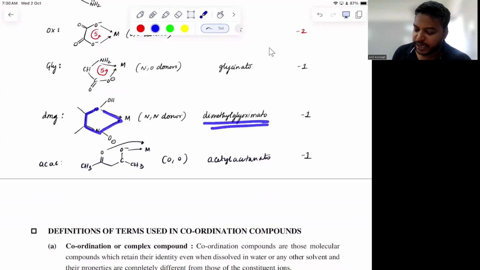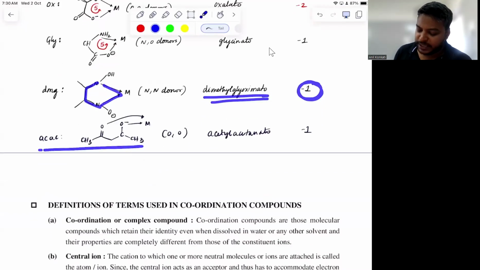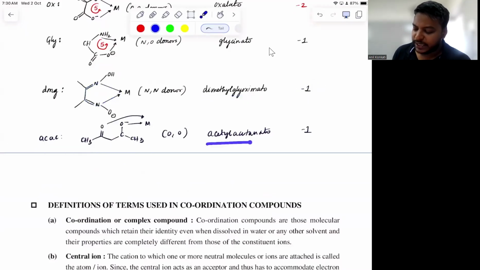It is dimethylglyoximato and the charge is -1. Acac, acetylacetonato, connection is from both oxygen ends, makes a 6-membered ring. Here it is 6-membered chelation and the charge on that is -1. Okay, the charge on that is -1. Clear?